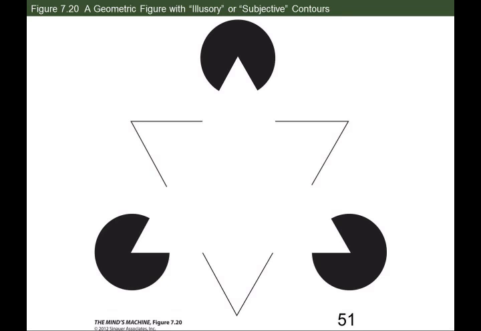So from V1, it goes to V2, then to V4, and then information goes to the inferior temporal, and parallel to that, information goes to MT, or medial temporal. So you have the what information and the where information, two parallel pathways.